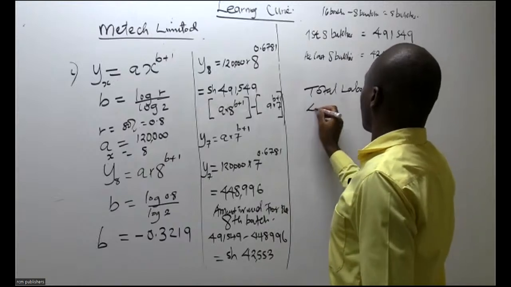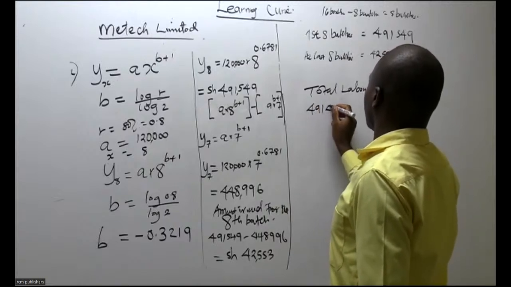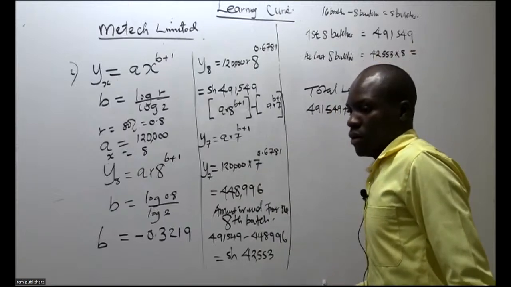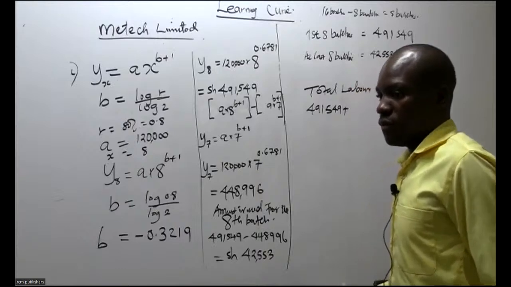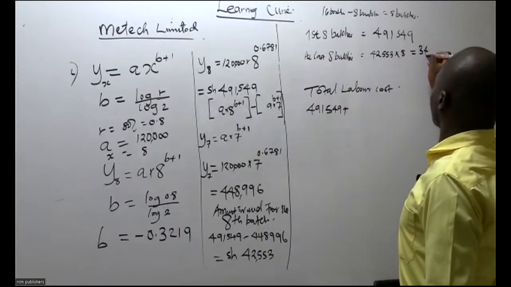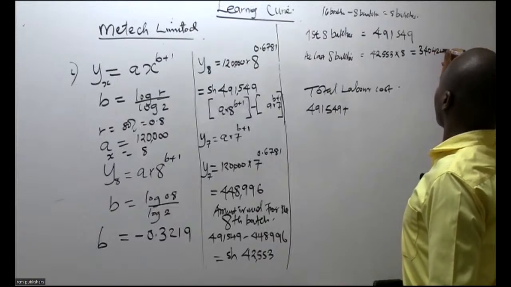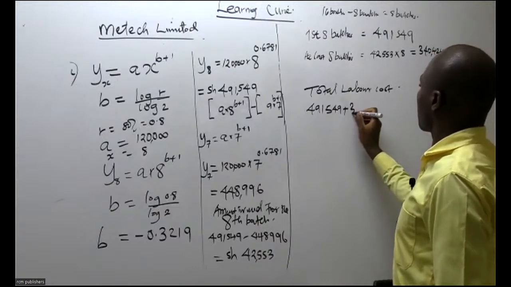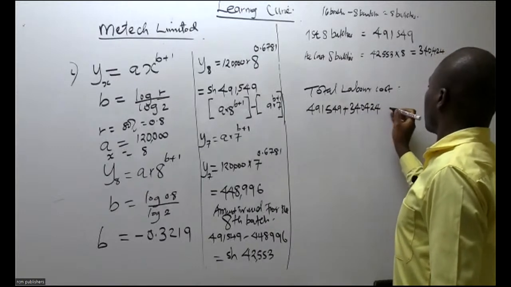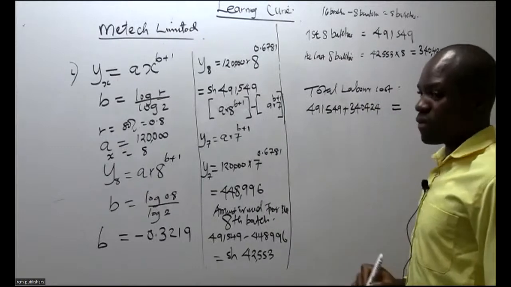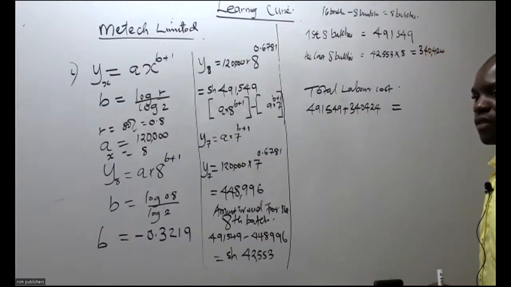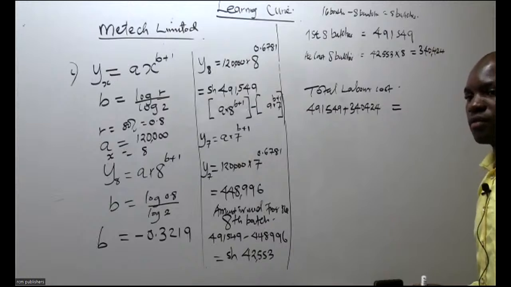It will be 491,549 plus 340,424. If you add everything, how much are you getting?